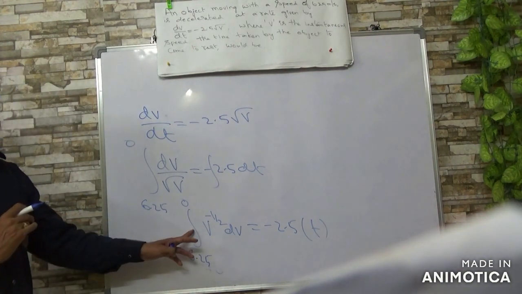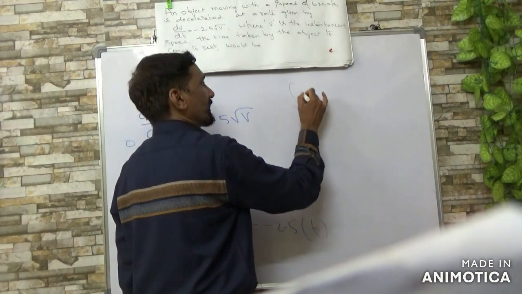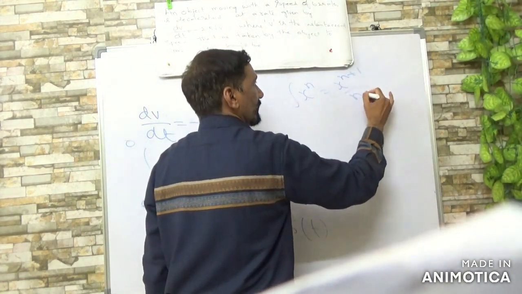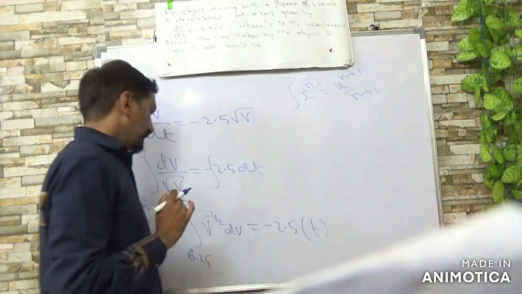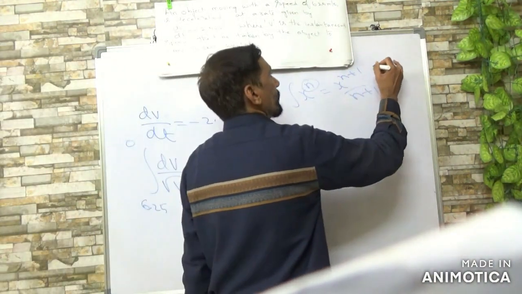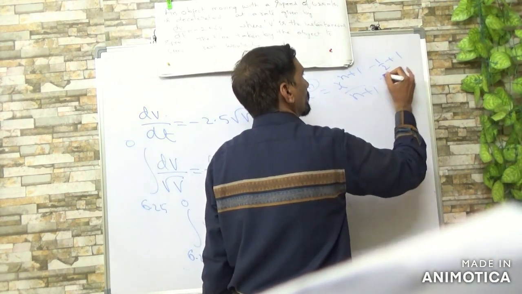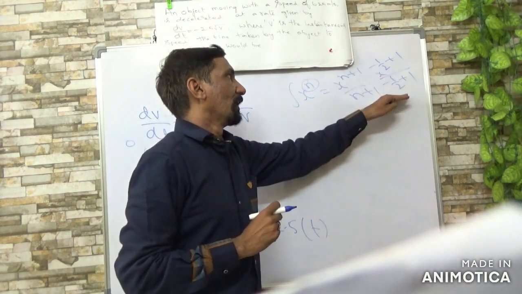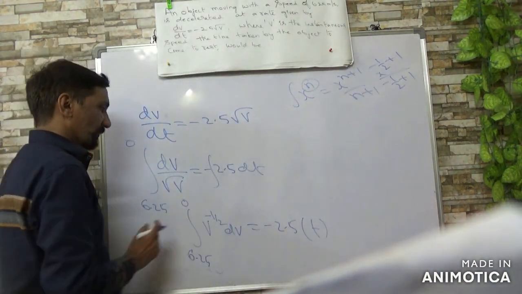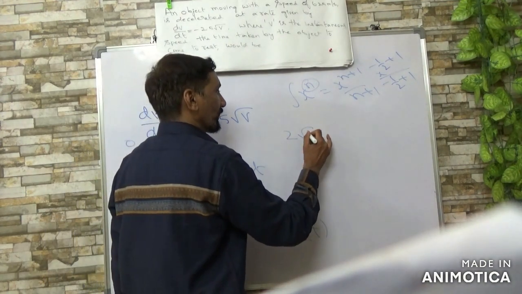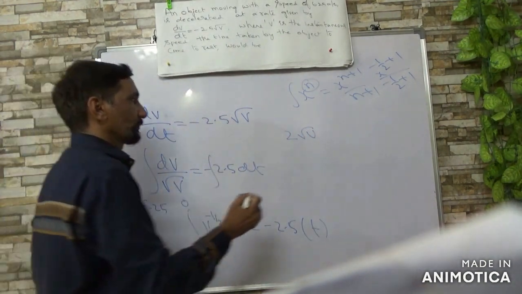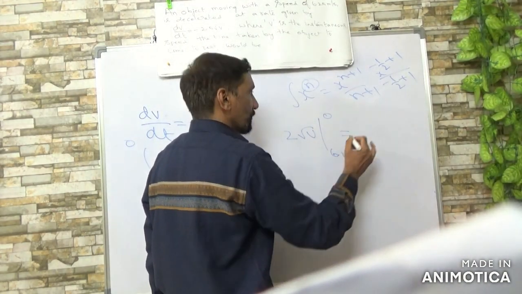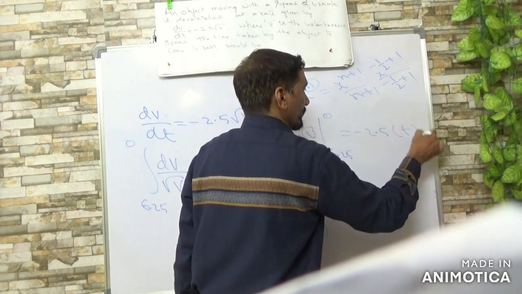Now about the integration of dv by root v, you can also take this to the numerator, between the limits 6.25 to 0, and minus 2.5 dt gives t. Whenever it is x to the power n, you write x to the power n plus 1 by n plus 1. Here n is minus half, so minus half plus 1, by minus half plus 1, that is half by half, which is nothing but 2 root v. So 2 root v, limits 6.25 to 0, equals minus 2.5 t.